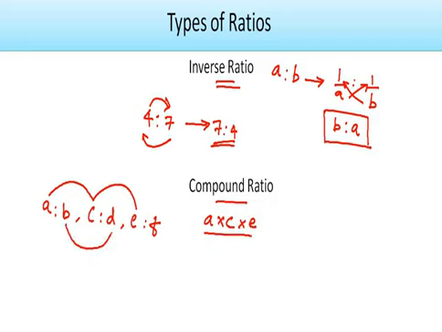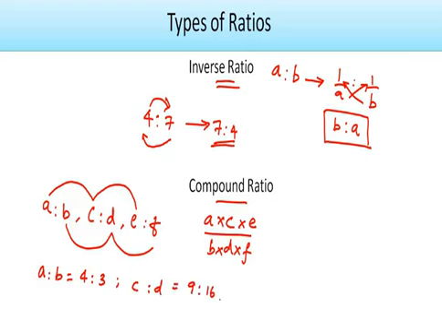So B multiplied by D multiplied by F. And then simplify it as much as possible. Alright. Now let's assume a small example to understand this compound ratio. Let's assume A is to B is equivalent to 4 is to 3 and C is to D is equivalent to 9 is to 16 and also E is to F is equivalent to 13 is to 18.